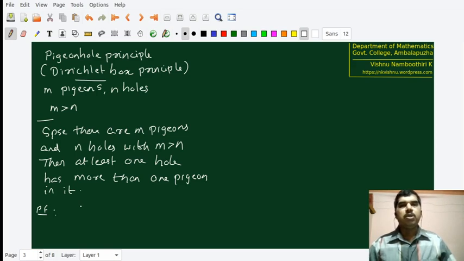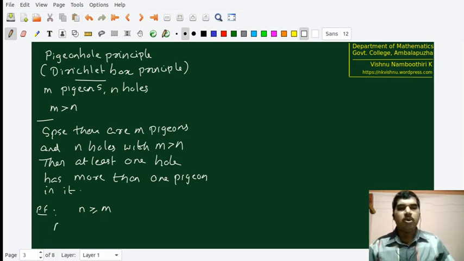Now suppose that no hole is being shared by any pigeons. That means all the m pigeons have their own holes, therefore there must be at least m holes. So the number of holes must be greater than or equal to the number of pigeons. So n is greater than or equal to m.